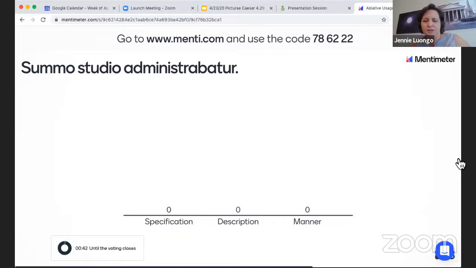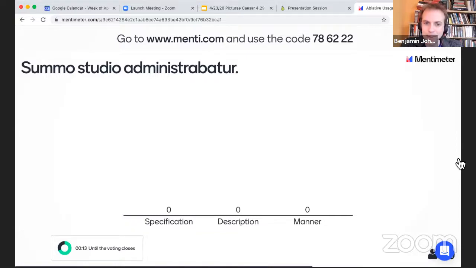Sumo studio administrabatur. So is this specification, description, or manner? This one is tougher. All of these cannot have a preposition, right? In some ways it could be any of them. So you've really got to understand what's going on here, I think. At least two are almost always found with an adjective like sumo.